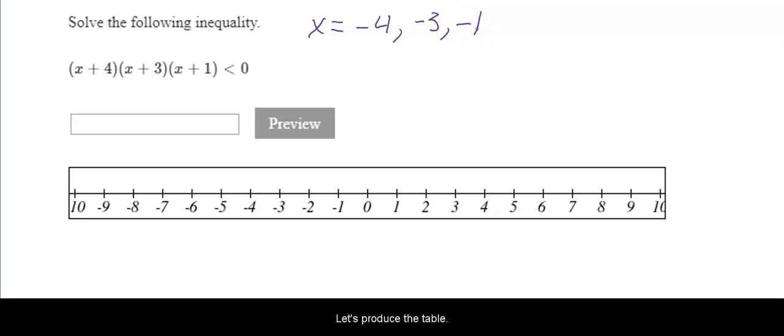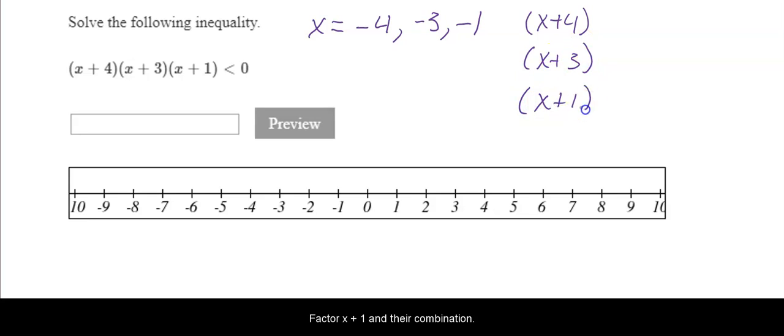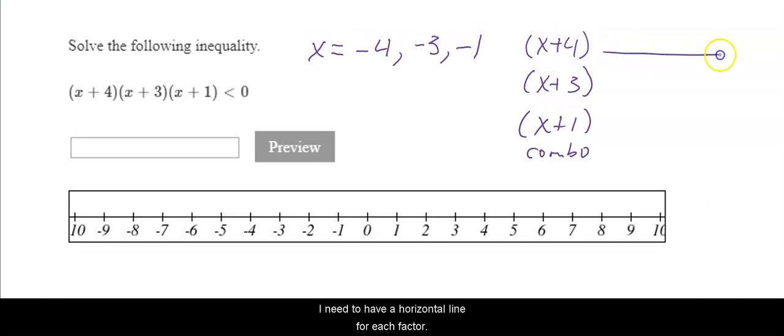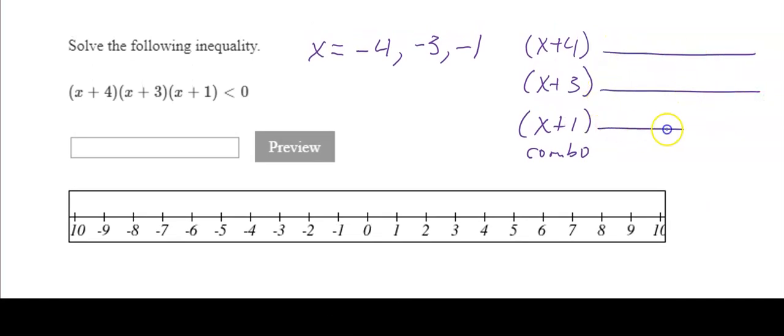Let's produce the table. I would have factor x plus 4, factor x plus 3, factor x plus 1, and their combination. I need to have a horizontal line for each factor and one for the combination.